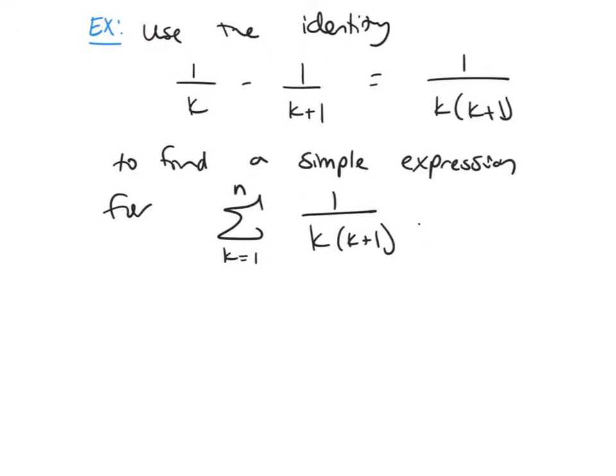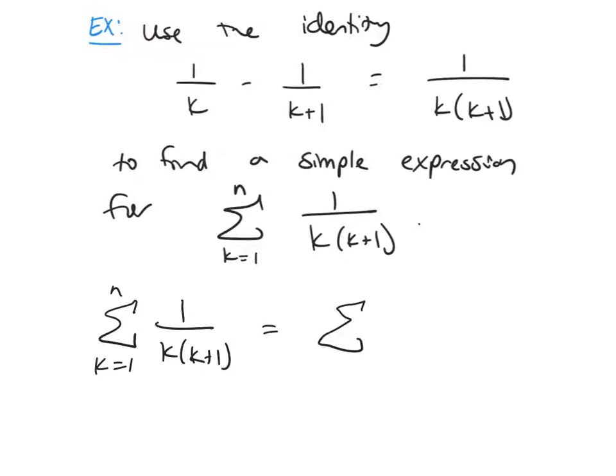So we're going to start by using our identity. Our identity helps us replace this part inside here. We can replace it by 1 over k minus 1 over k plus 1.